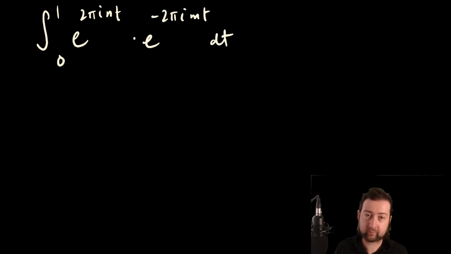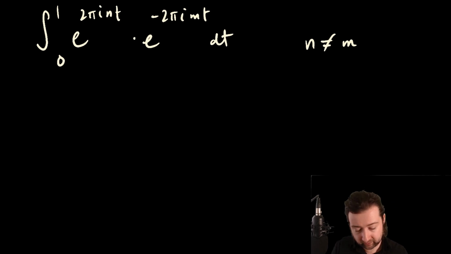So here's the first observation that we can make about complex exponentials, and I think this came up in passing in an earlier video. Let's look at the integral from 0 to 1 of e to the 2 pi i n t times e to the -2 pi i m t, where n and m are not equal, because I don't really want to have a 0 up in the exponent of this function.